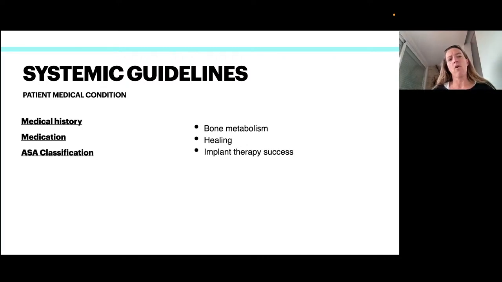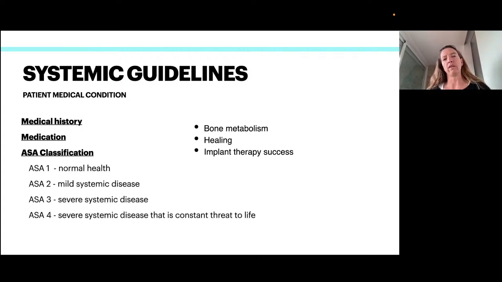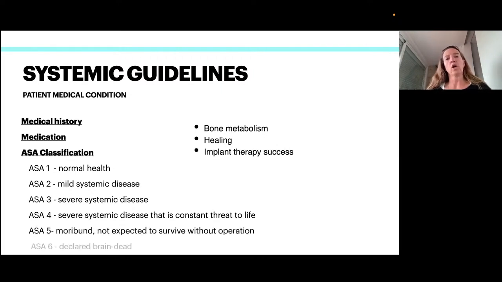Because some of these medications that patients take, or some systemic conditions, might interfere with bone metabolism, with the healing of the implants, and of course then afterwards with the implant therapy success. So it's crucial to evaluate your patient's medical history, and if necessary, you will get in contact with his physician in order to understand how to deal with your patient.